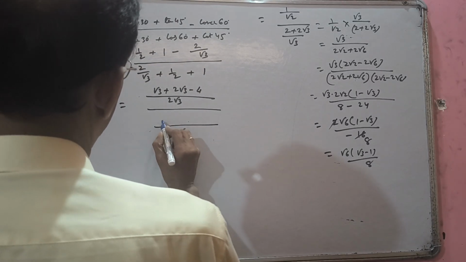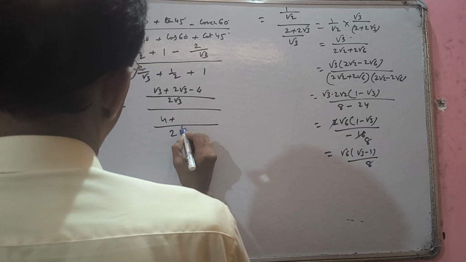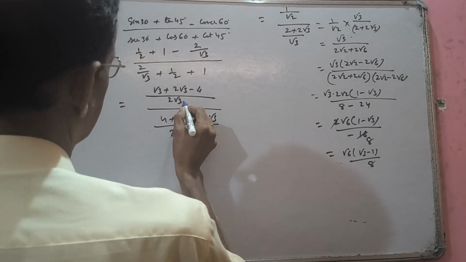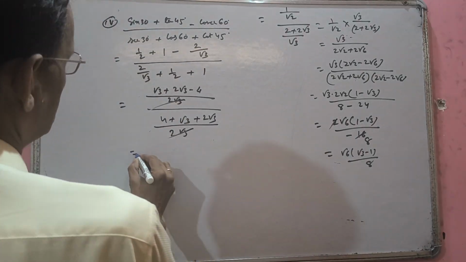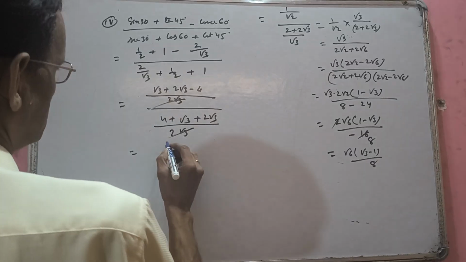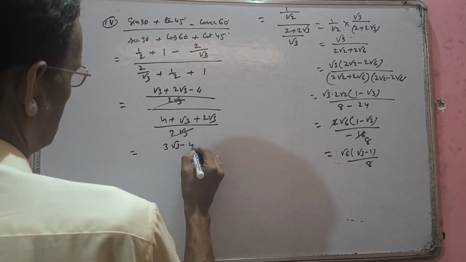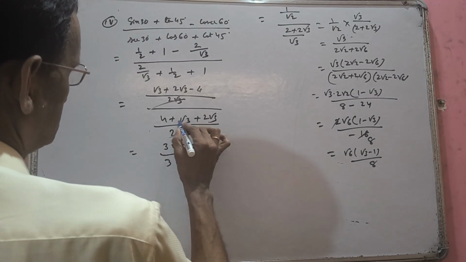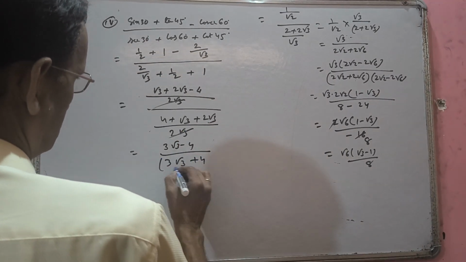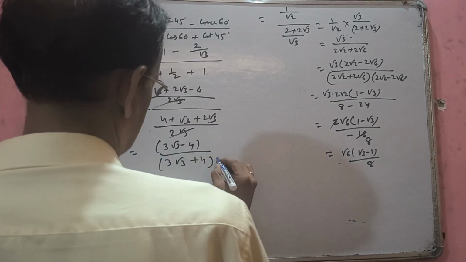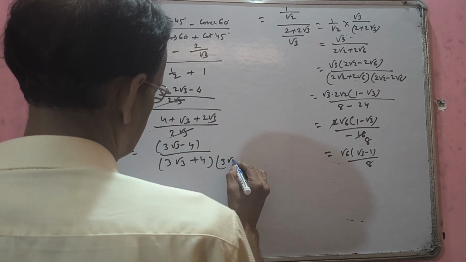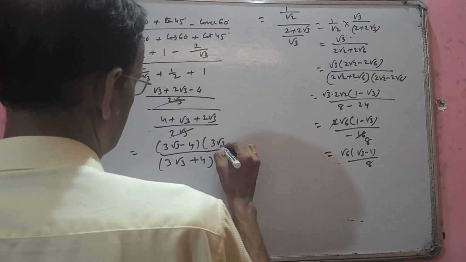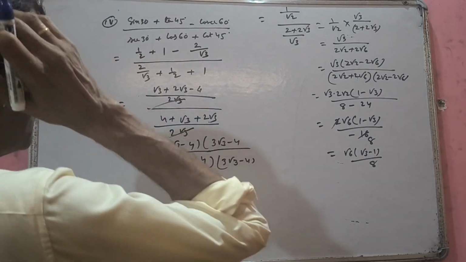How much will we get? 4 plus root 3 plus 2 root 3. So this is cancel. What is left? 3 root 3 minus 4 by 3 root 3 plus 4. So rationalize, multiply by 3 root 3 minus 4, and here also, 3 root 3 plus 4 is there, so multiply with minus.